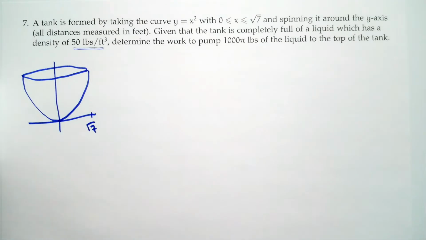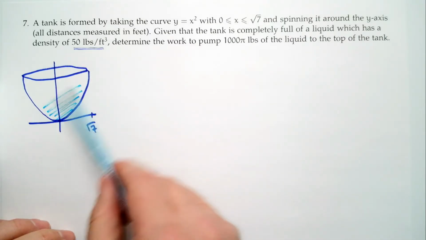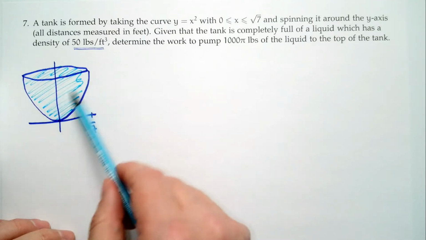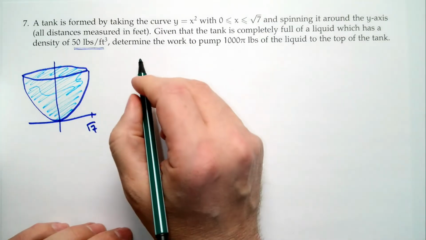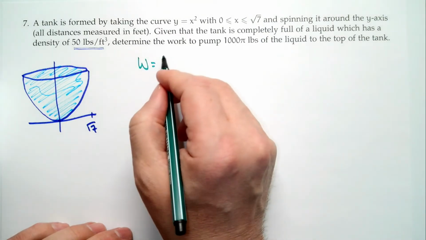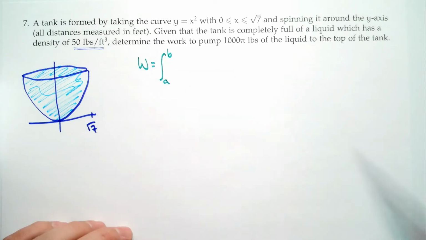Let's talk about pumping problems for a second here. First off, we'll add some liquid to our tank here. Okay, good. Now our tank is full of liquid. So, how do we do pumping? Well, when you want to find the work for that type of problem, you add up, and it's still force times distance, but here it's a little bit more interesting because the distance is not going to be that d something term.